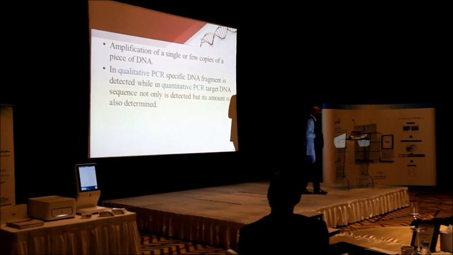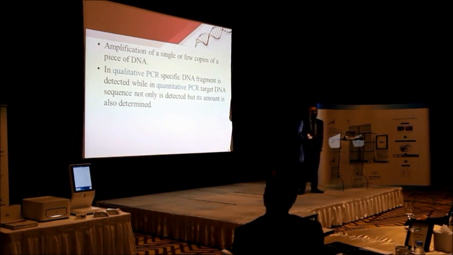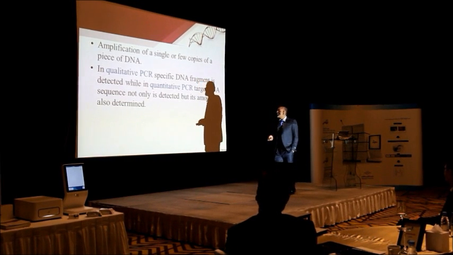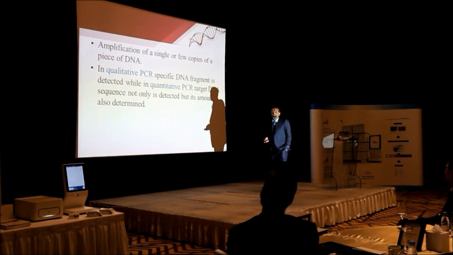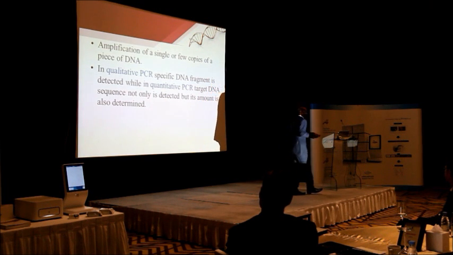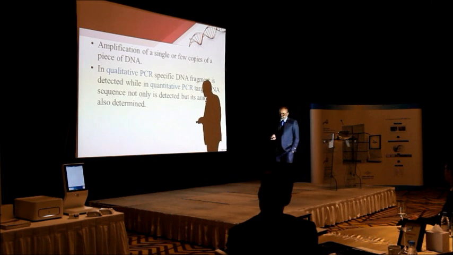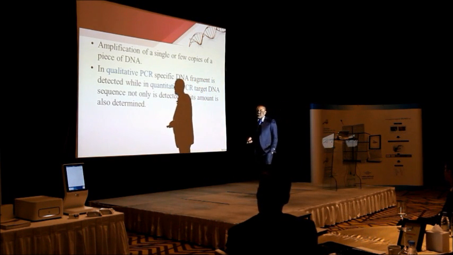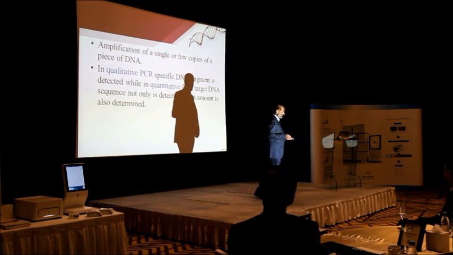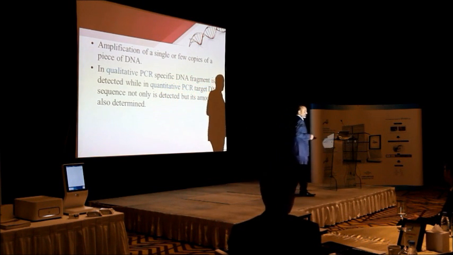It's an amplification of a fragment of DNA, as simple as that. We have two types of PCR: qualitative PCR, which gives you either a positive or negative result, and quantitative PCR, which is real-time PCR, which gives you the exact copy number of the sample.